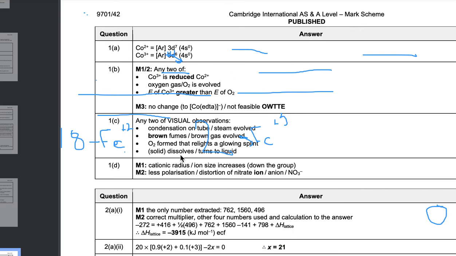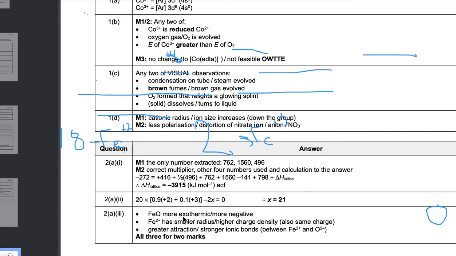Let's see how they solved it. Okay, so they did what I did. So 0.9 into plus 2 and 0.1 is plus 3, and 20 multiplied by that. So that's what I did. So 18 into plus 2, that's the same thing, and 2 into plus 3, which is 6, minus 2x.